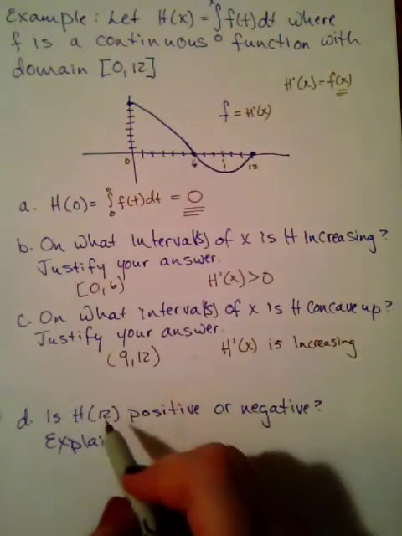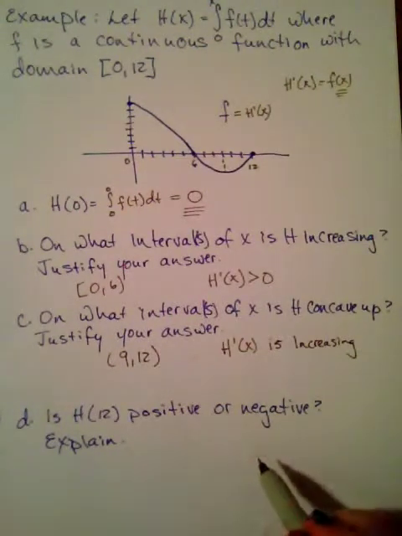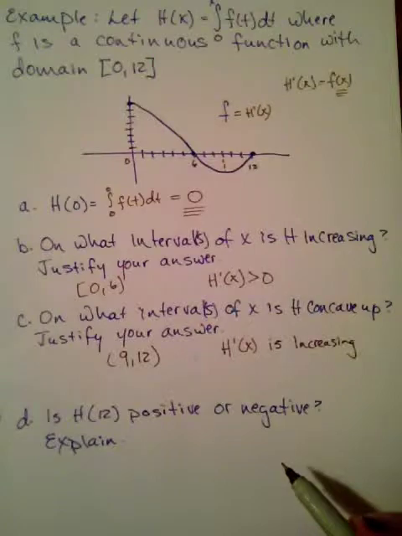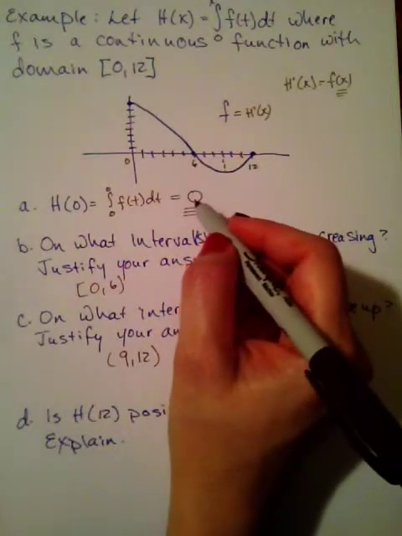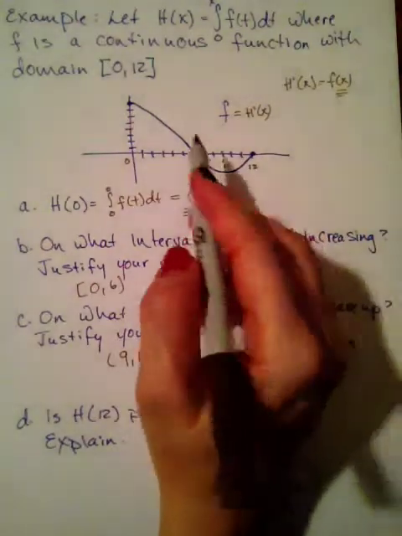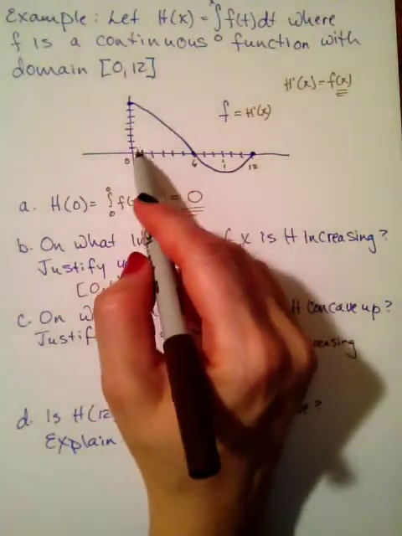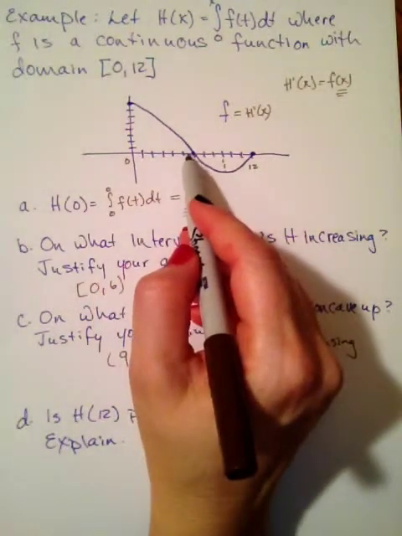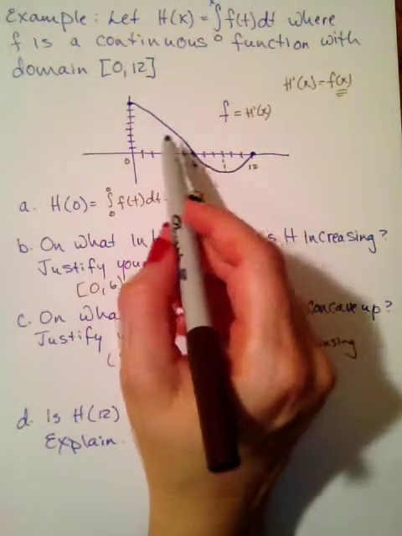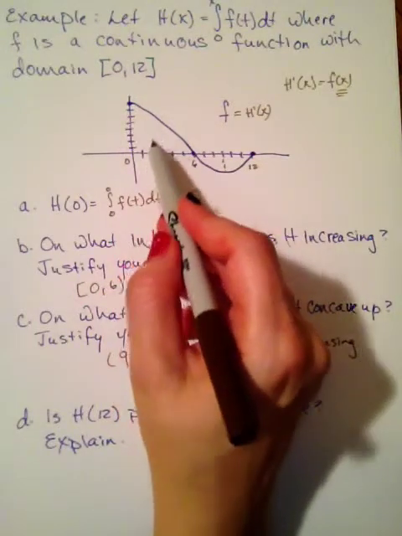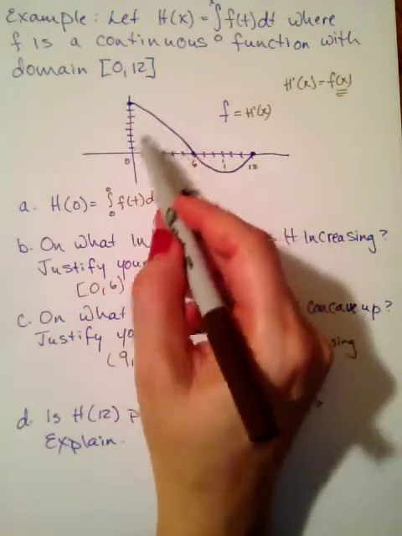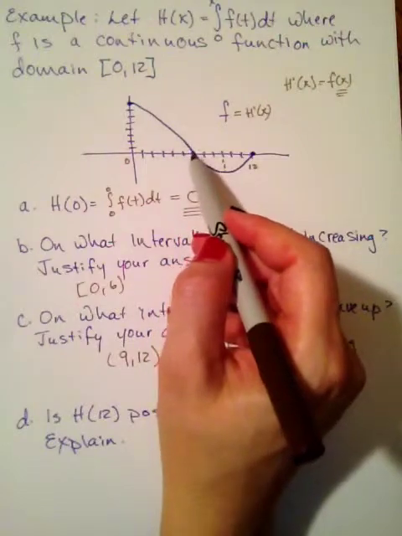So the next question is, is h of 12 positive or negative? Explain. Well, we know we started at a y value of 0. And if you look, the graph had to be increasing from 0 to 6 because h prime is positive. And the area represents the net change in h. So it's actually gained a pretty good sized amount of area.